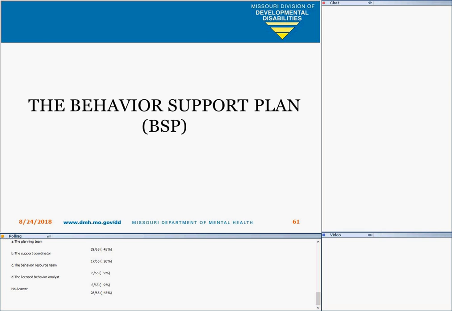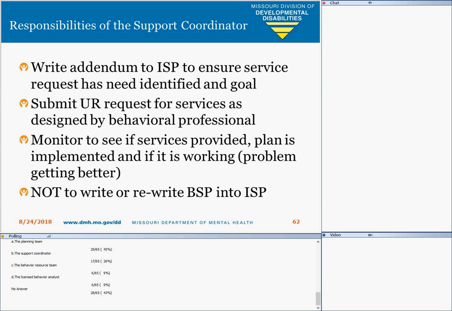Our behavior analysts have a lot of stakeholders that they have to answer to, including the individual whose behavior is the target of change. As we all know, every individual around that person is also going to have to change in order to implement the plan correctly. But what are the parts of the plan?